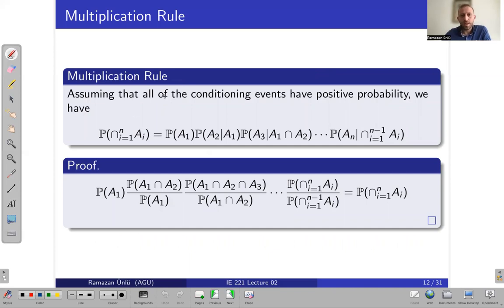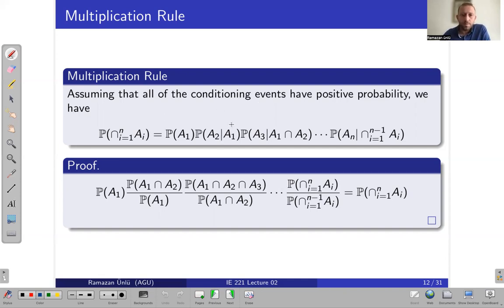Here, assume that all of the conditioning events have positive probability, and let's say we have n events. The intersection of these n events can be calculated as the probability of A1, the first event, times the probability of A2 given A1, and times the probability of A3 given the intersection of A1 and A2.